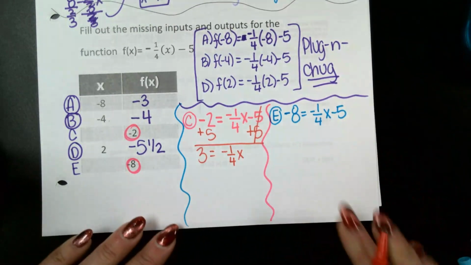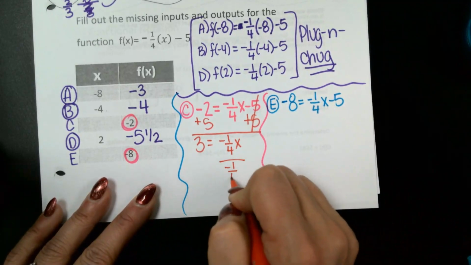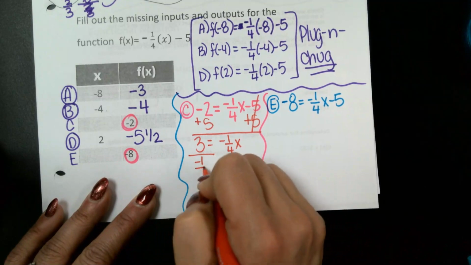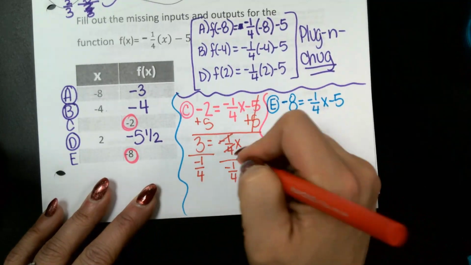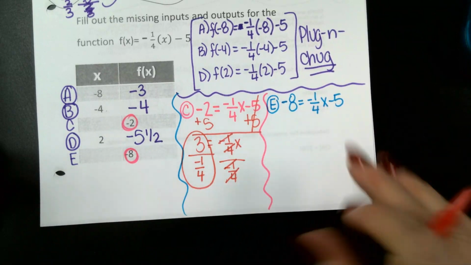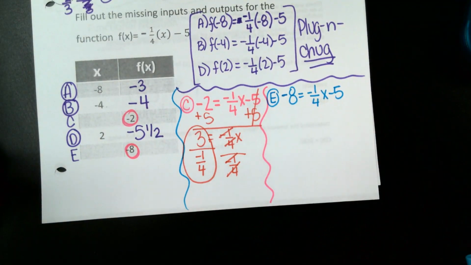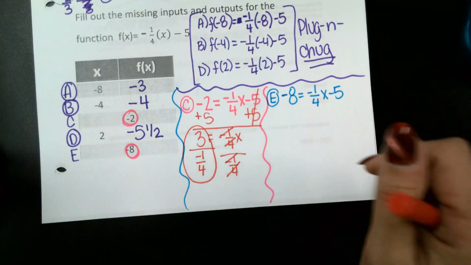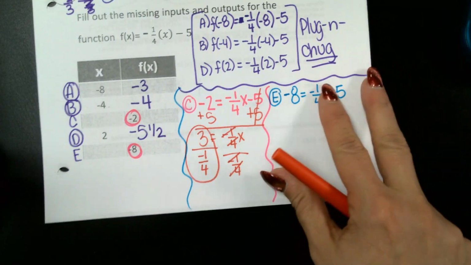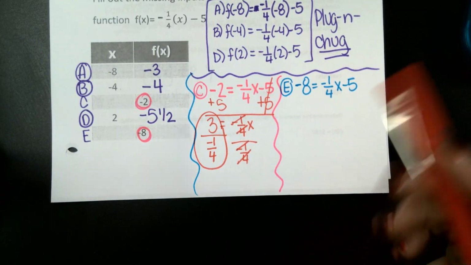So then to get rid of that fraction, we're going to divide by -1/4. So this is what you guys should be typing in: 3 divided by -1/4. Yep. And if you already have that answer, then go ahead and work out E if you haven't already.